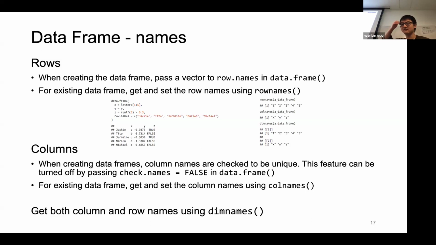So basically when you are creating the data frames, it will actually do some checking. And if you don't want it, you can specify check.names to be false to suppress the behavior. By default, it will check the names to be unique.